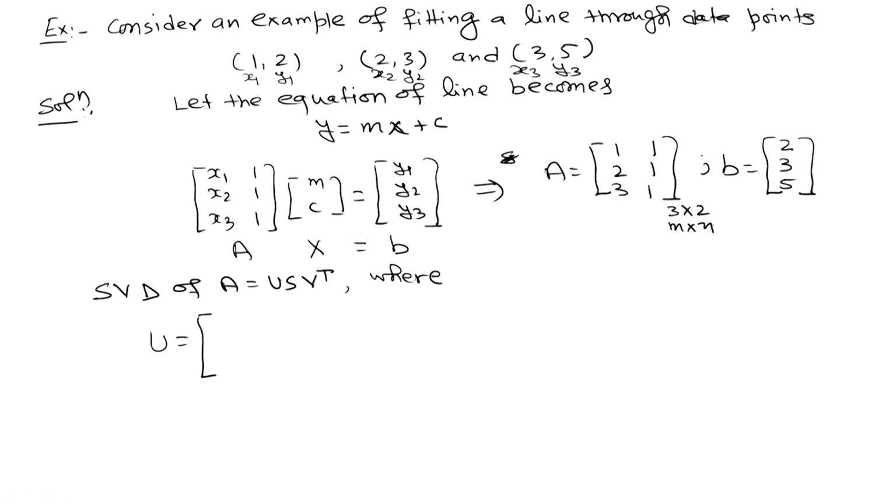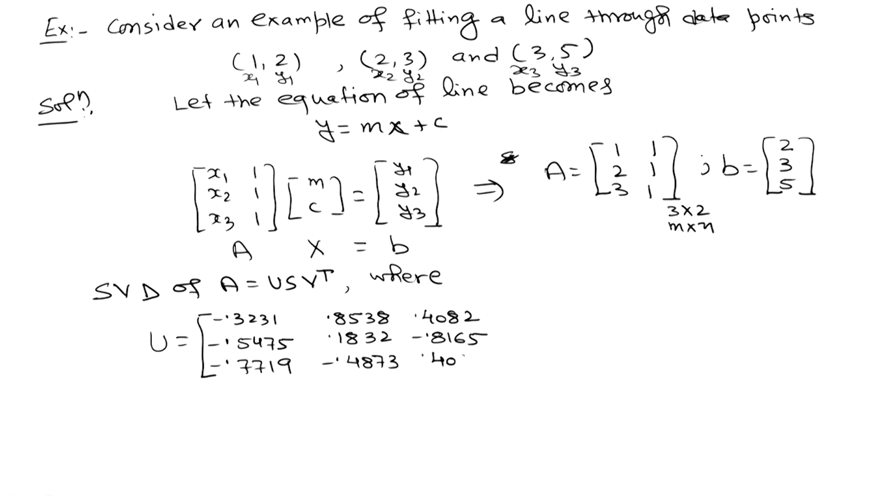The entries of this will be: first row minus 0.3231, 0.8538, 0.4082; second row minus 0.5475, 0.1832 and minus 0.8165; and third row minus 0.7719, minus 0.4873 and 0.4082.